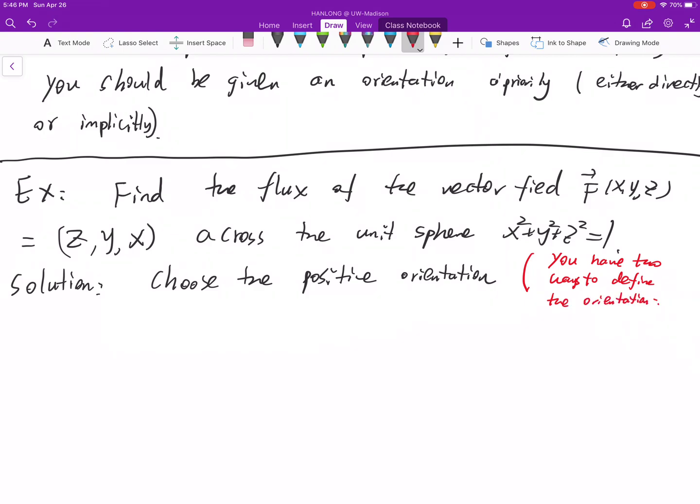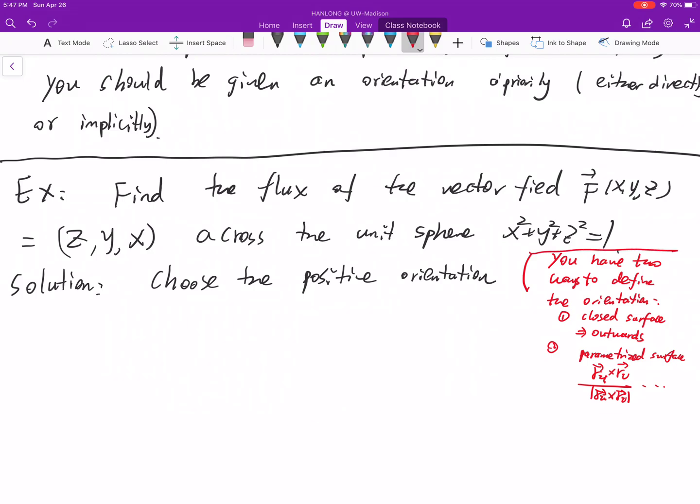The first one is to view it as a closed surface, so you choose the outward one. Secondly, you view it as a parametrized surface, then you choose gamma_u cross gamma_v divided by the norm of gamma_u cross gamma_v. But of course here the choice depends on your parameter u, v.